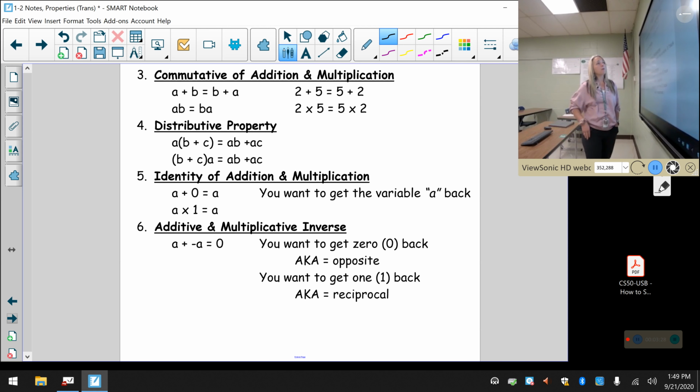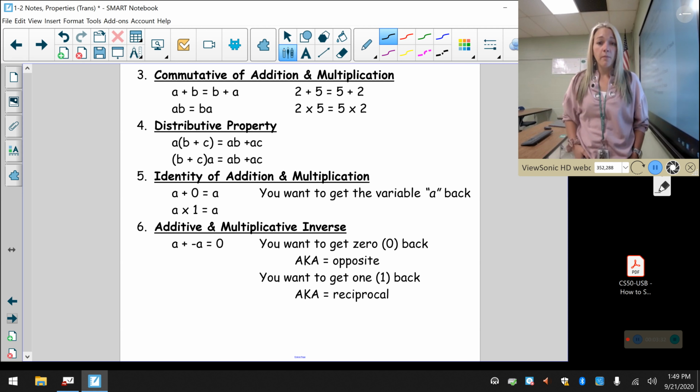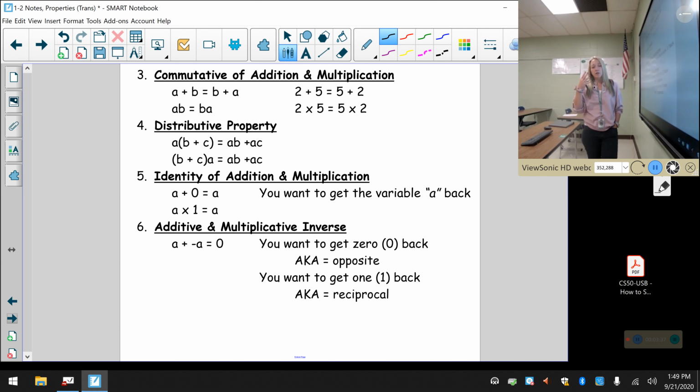Now, commutative property of addition and multiplication. Commutative property, this you also probably already know, but what you don't know is what it's called, okay? So A plus B equals B plus A. You know that if I take 2 plus 5, it's going to give me also the same answer as 5 plus 2. What we call that is the commutative property of addition. Same thing if we're doing multiplication.